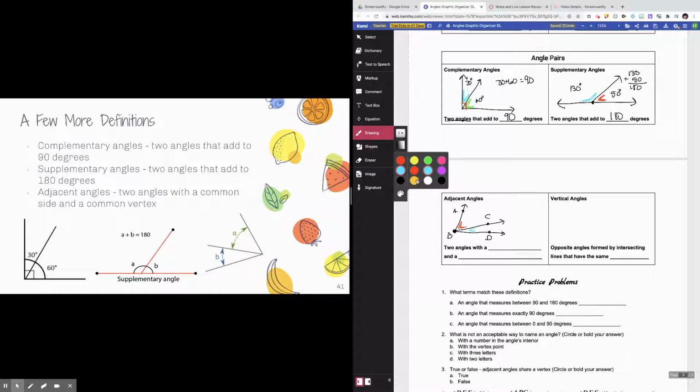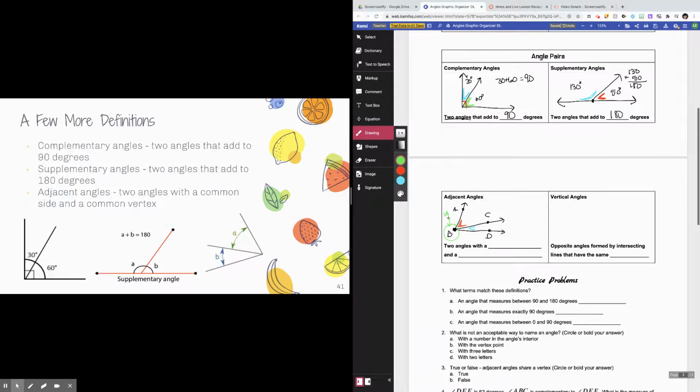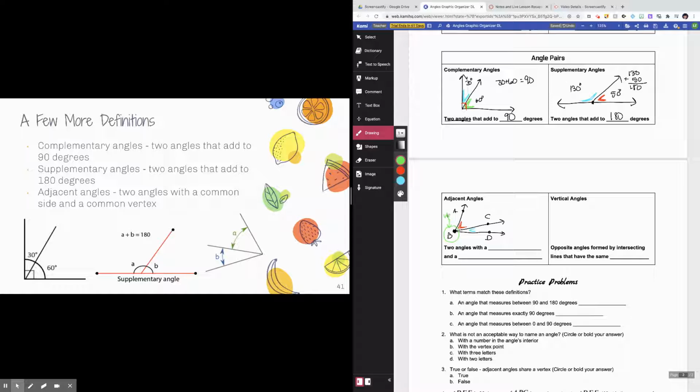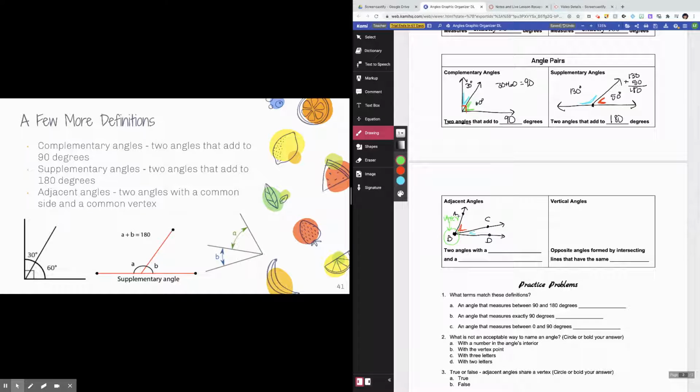They share a vertex, so they share this point, their vertex. I'm over here struggling with my handwriting. Sorry about it, everybody, struggling with my mouse a little bit.